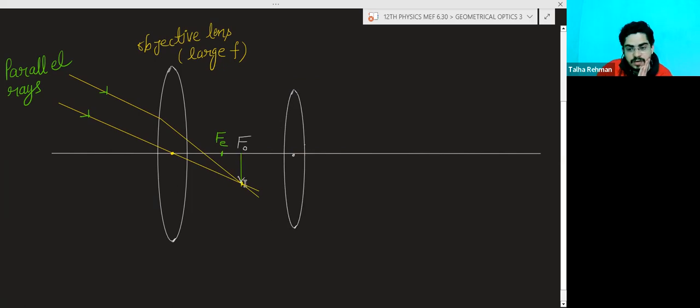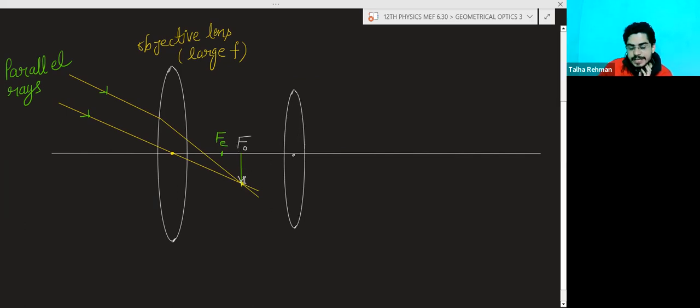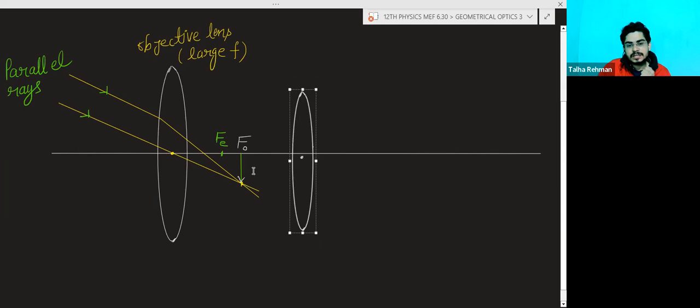Now this image will behave as a virtual object for this eyepiece lens, and this eyepiece lens will form the image of this virtual object somewhere.